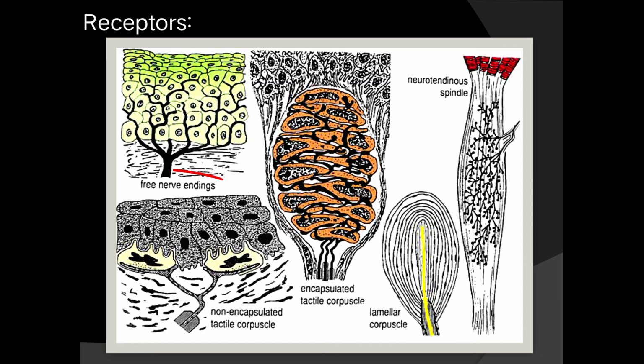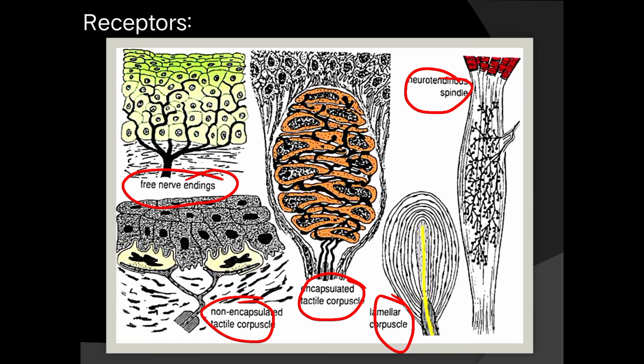So we can see free nerve endings here, non-capsulated tactile endings appearing like this, encapsulated tactile capsules appearing like this, and lamellar capsules like this. It is a neurotendinous spindle. So we can see the shape is different in the different receptors.